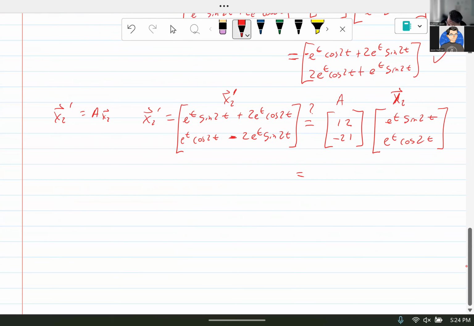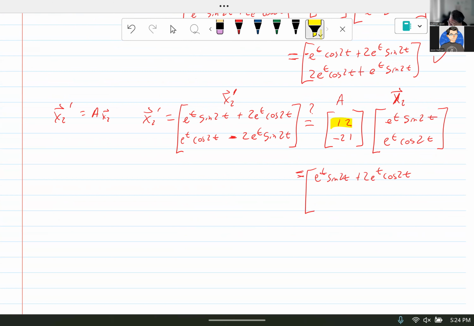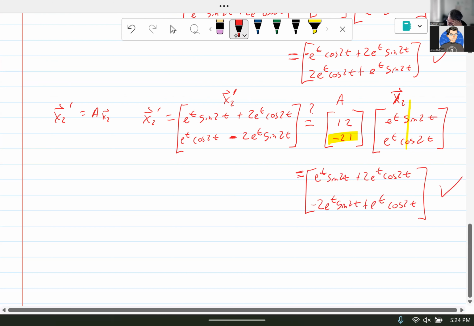First row, first column gives e to the t sine 2t plus 2e to the t cosine 2t, so that's good. Then second row, second column gives negative 2e to the t sine 2t plus e to the t cosine 2t, which does work. So that does check as well.